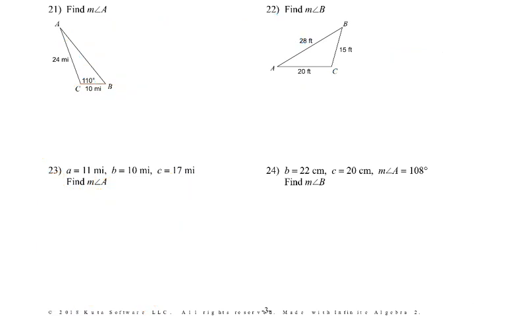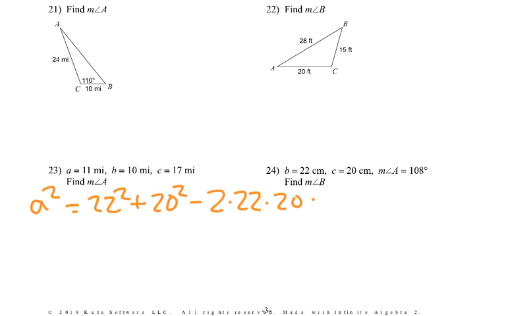Okay. So setting it up, we have side B, 22 squared equals 20 squared. Actually, we're looking for side A first. So A squared equals B squared plus C squared minus 2 times B times C times the cosine of 108.